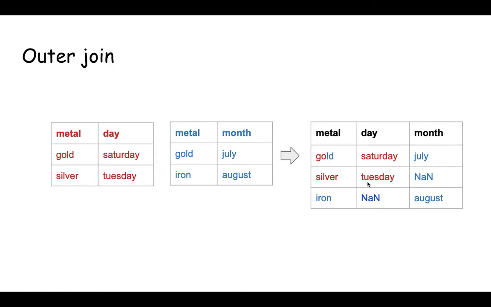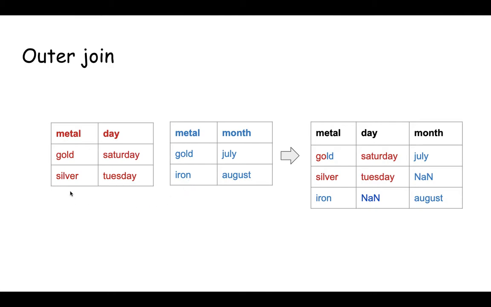because that particular joining label that we are using, metal silver, is not there in the table right here. After that, we come to the table on the right hand side and look for any remaining metals that we can match, and there is one, which is iron.